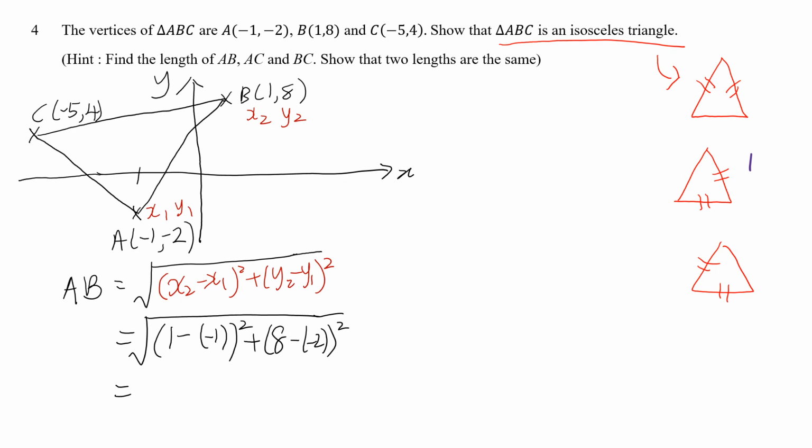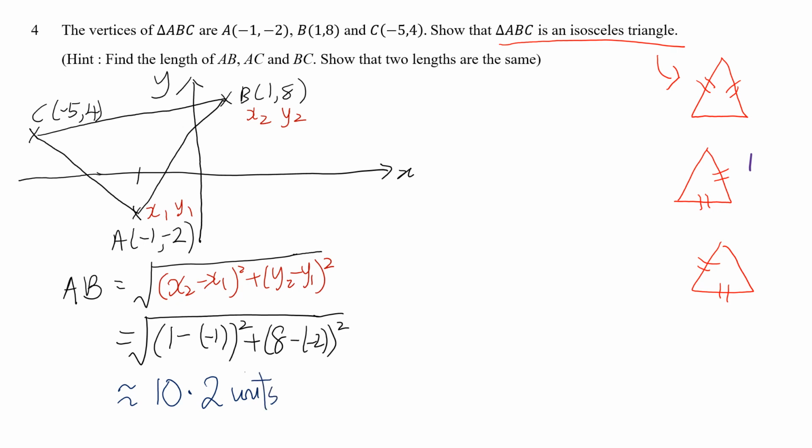That will give you square root of bracket 1 minus bracket -1, close bracket squared, plus bracket 8 minus bracket -2, close squared. And you can express your answer to 3 significant figures. That will be 10.2 units.